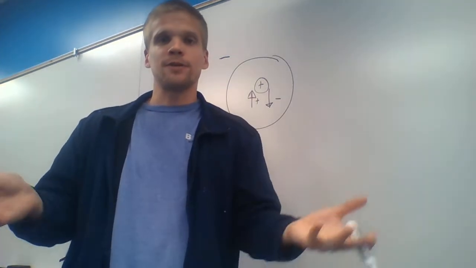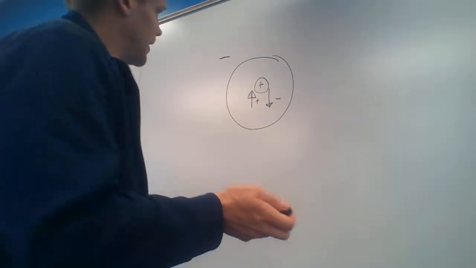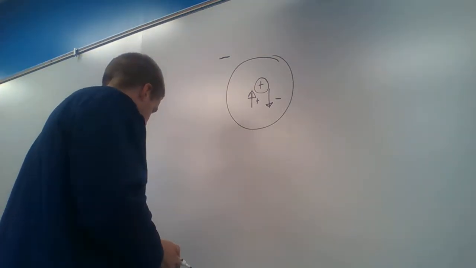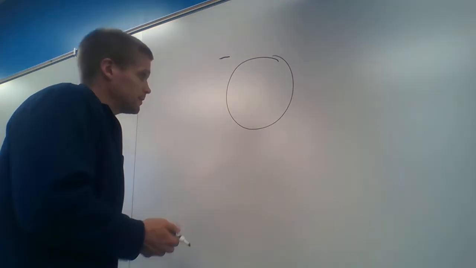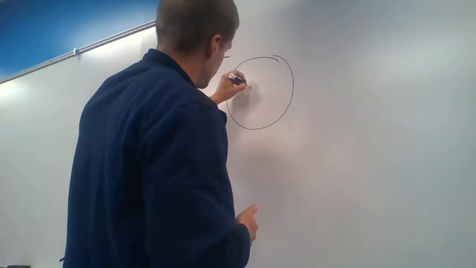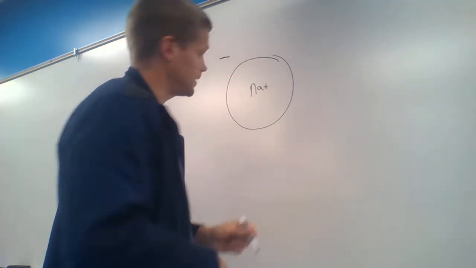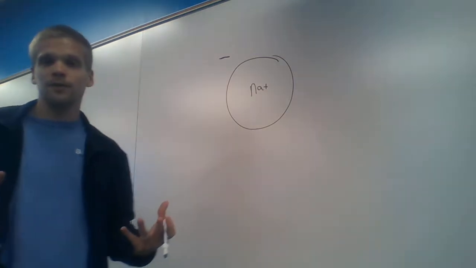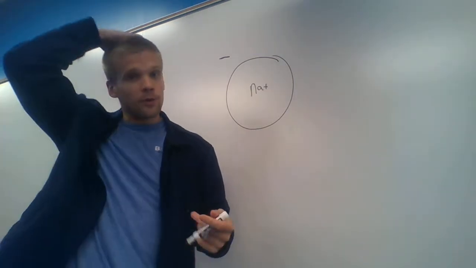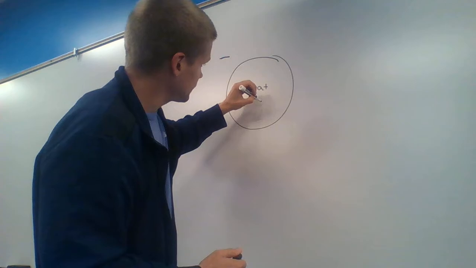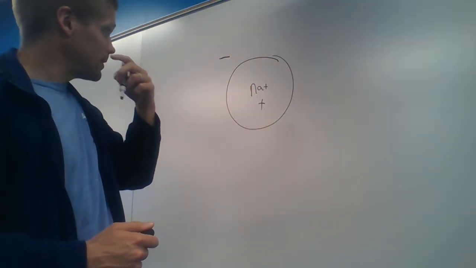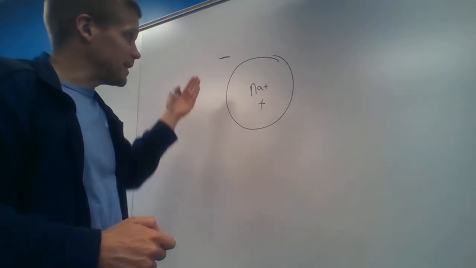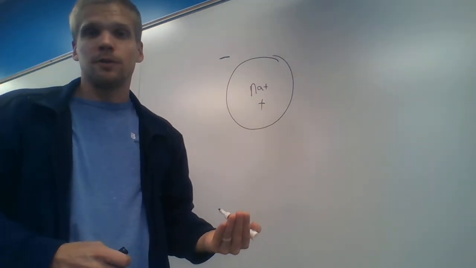Okay, so what about this electrical driving force then? Let's pretend that there are sodium ions on the inside of the cell. We know that the inside of the cell has a net positive charge, and we know on the outside of the cell there's going to be a slightly negative charge.